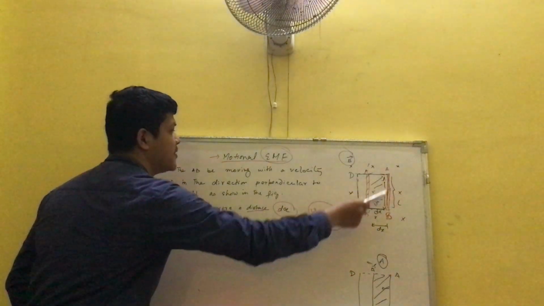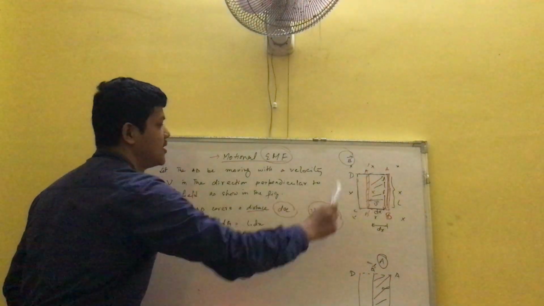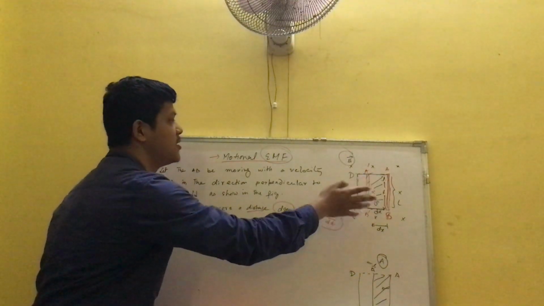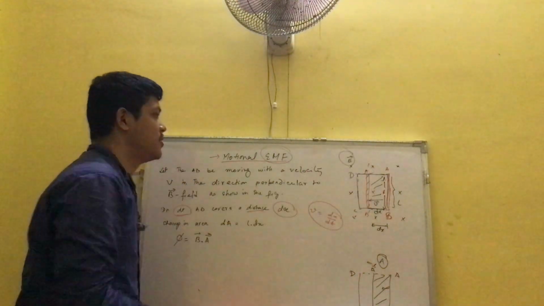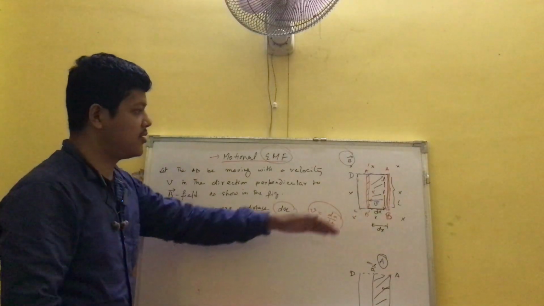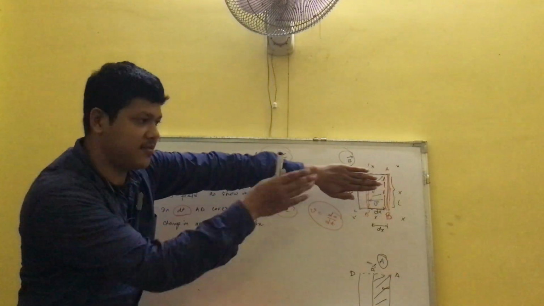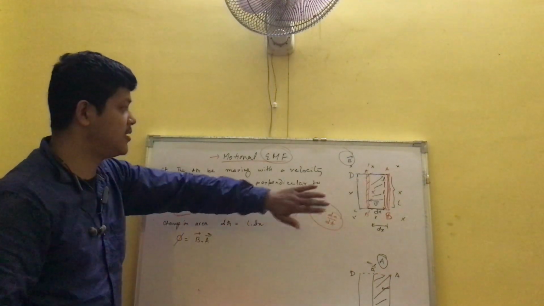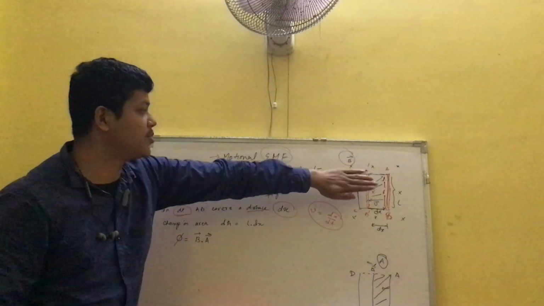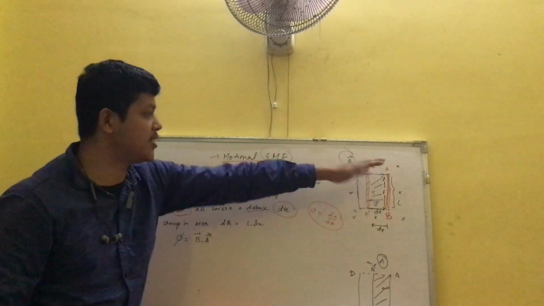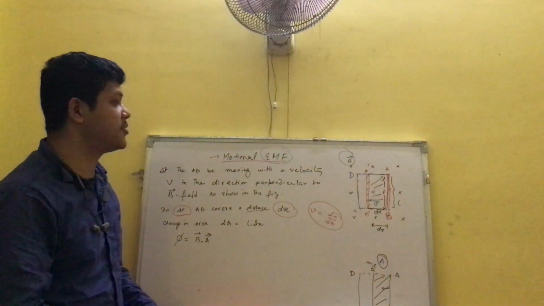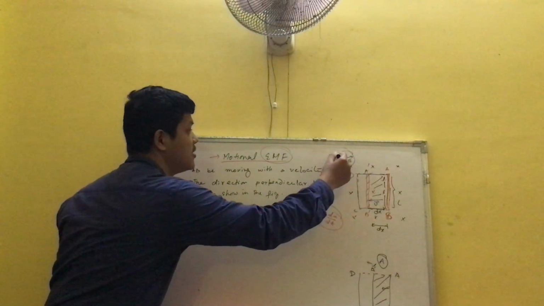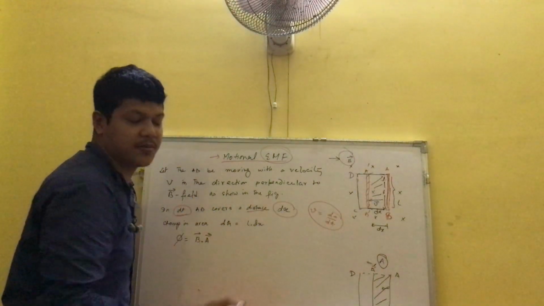Similarly for this surface, if you consider the face facing the board, towards the magnetic field, then its area vector should be considered in the same direction as the magnetic field.